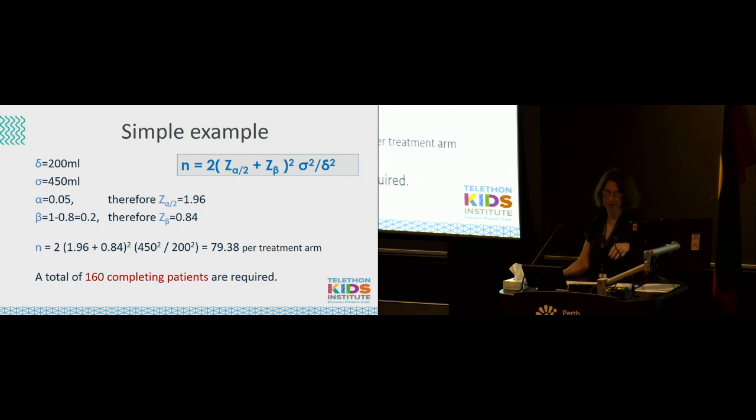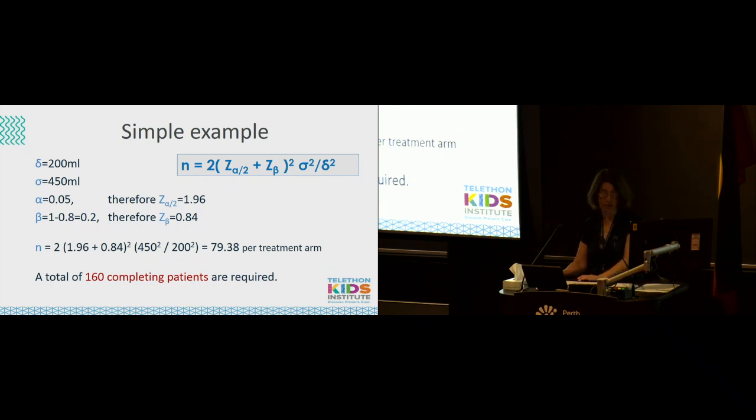You always round up the number required per arm, and remember that this is for completing patients, patients who provide data and don't withdraw from the study. So you also need to increase it to allow for anticipated dropouts, missing values, and anything else that can be anticipated on the trial.